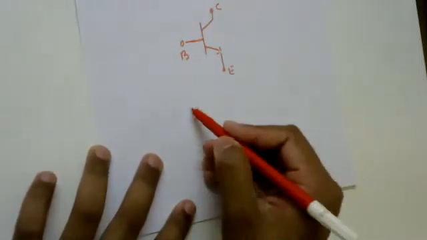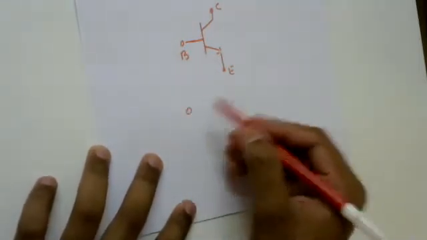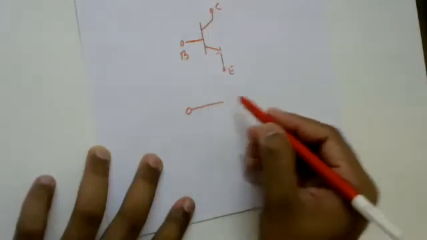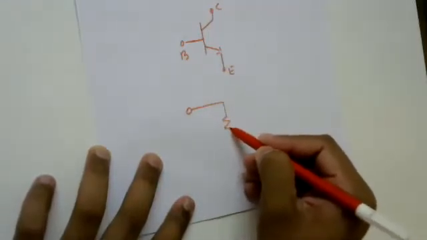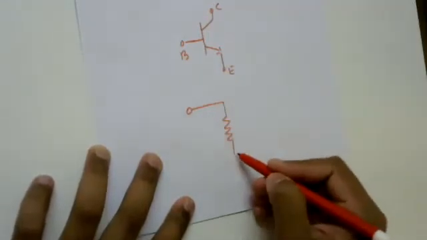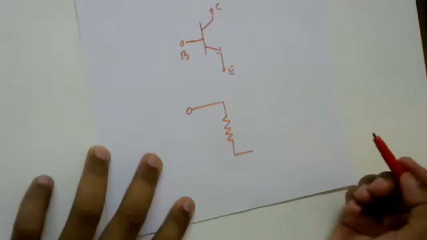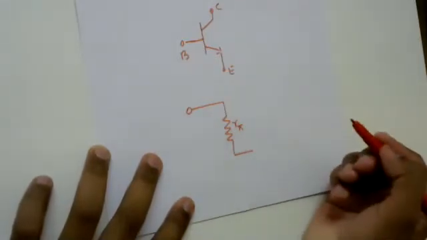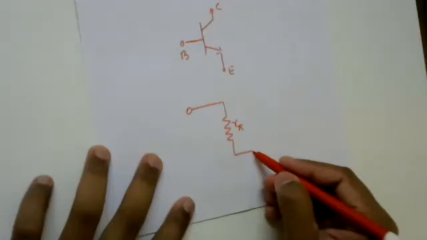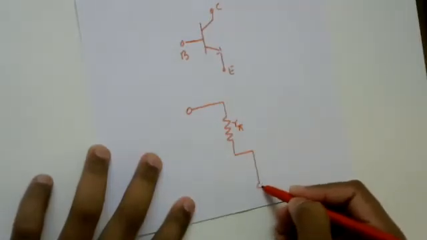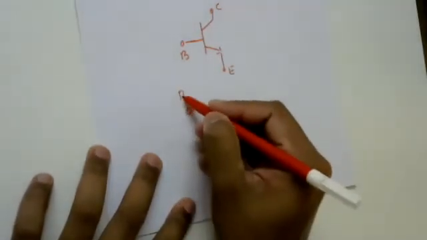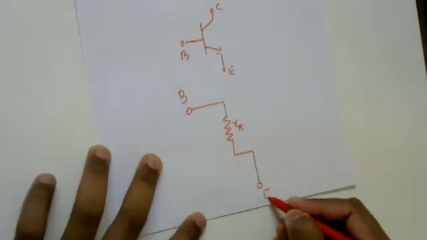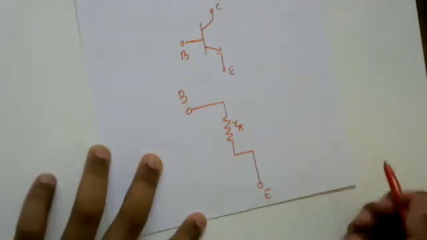We model it with an input resistance, which we call R pi. This is my base terminal, and this is my emitter terminal.